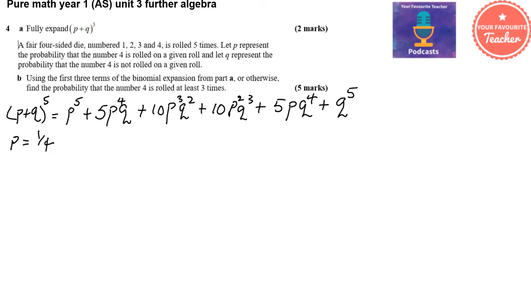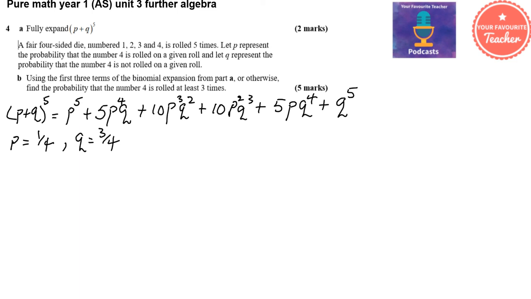And let Q represent the probability that the number 4 is not rolled. And therefore, Q is 3 over 4. Using the first 3 terms of the binomial expansion from part A, or otherwise, find the probability that the number 4 is rolled at least 3 times.